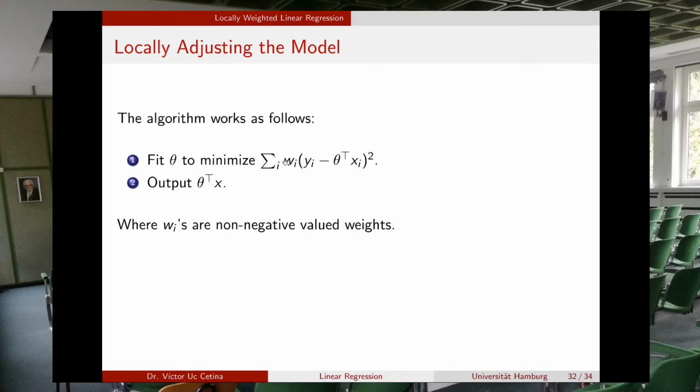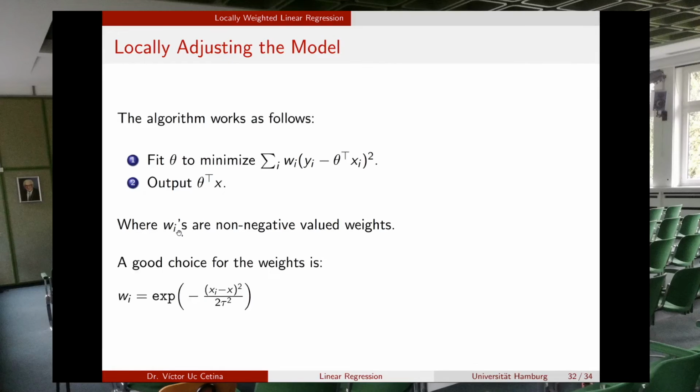And you can get that result by using this weight parameter, which, as I said, is just a distance or a measure of similarity between the point that you want to evaluate and each of the points in your data set. So these parameters that you need to store are basically the points in your data set, because every time you want to evaluate a new point, you need to minimize this. Okay.